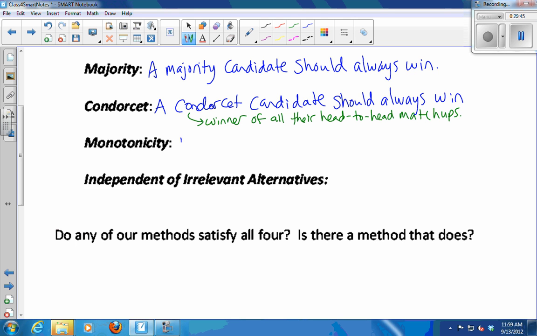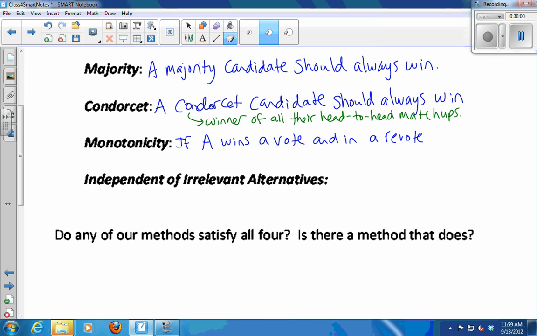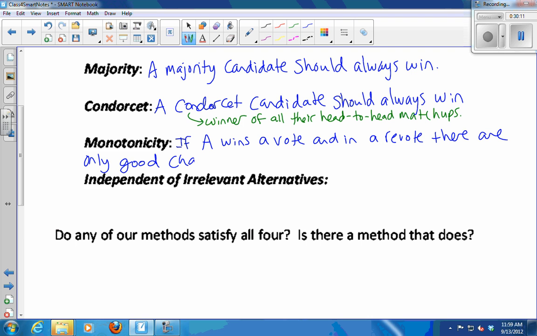So if A wins a vote, and in a revote there are only positive changes for A, A should still win.